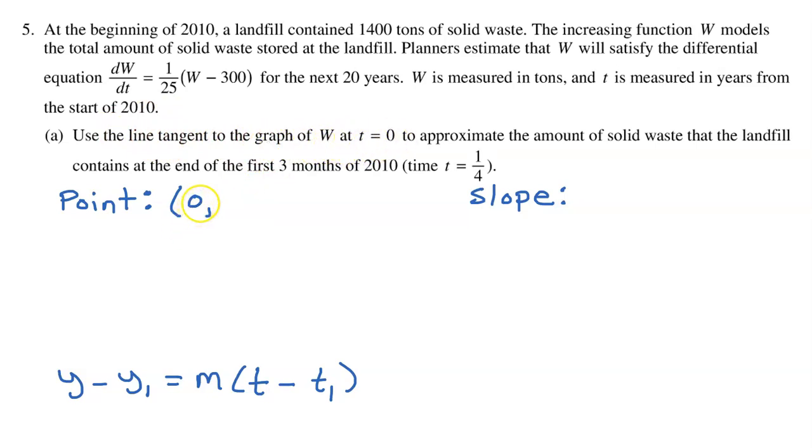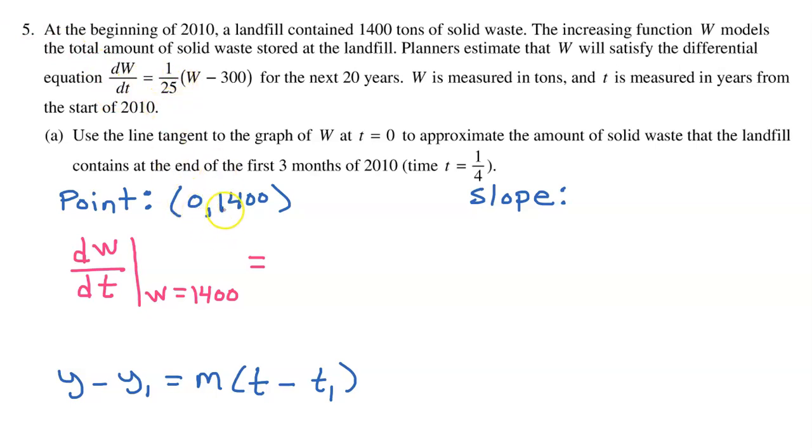So the point of tangency is (0, something). But we are also told that at the beginning of 2010, and that's t equals 0, the landfill contained 1,400 tons of solid waste. So (0, 1,400) it is.